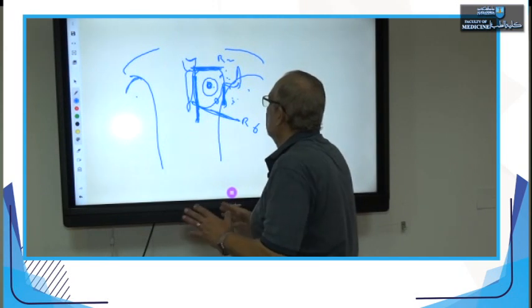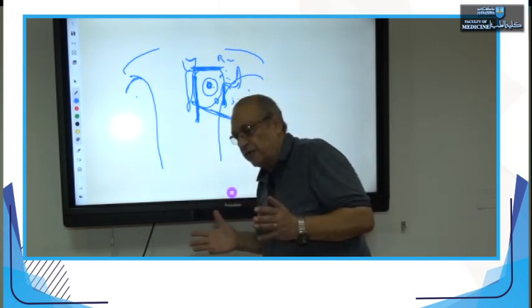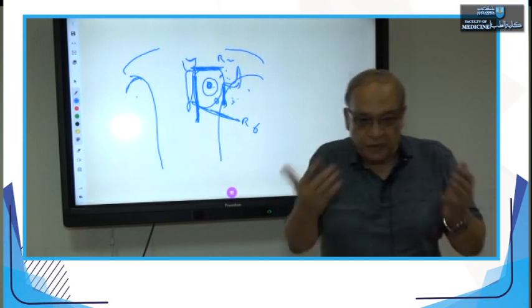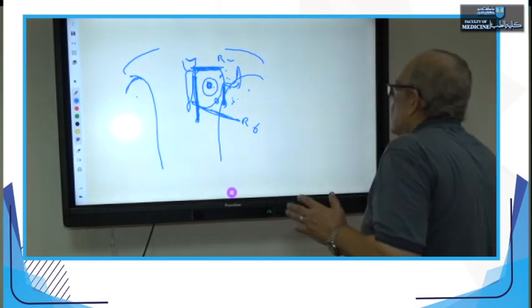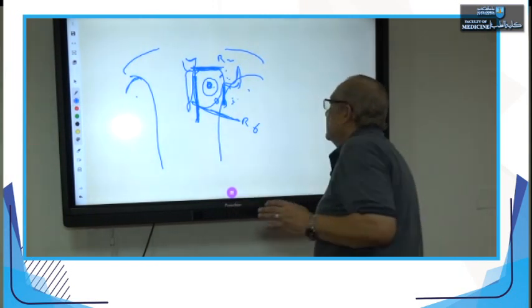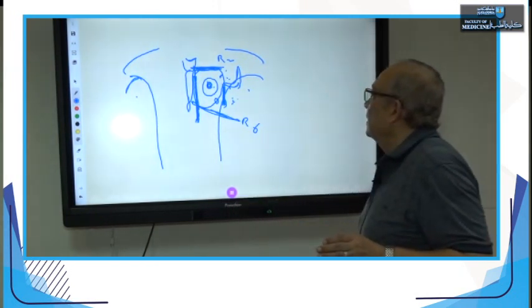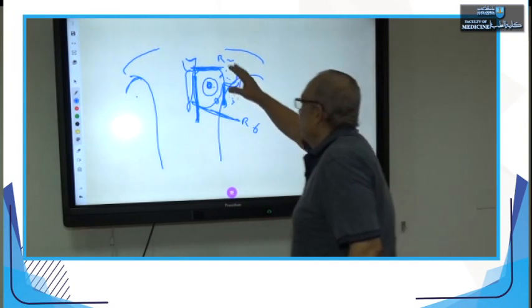So again, the breast is a mass of fat, superficial to the deep fascia, and this mass of fat is covered by skin.